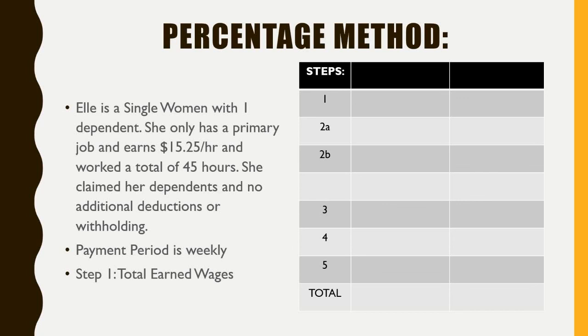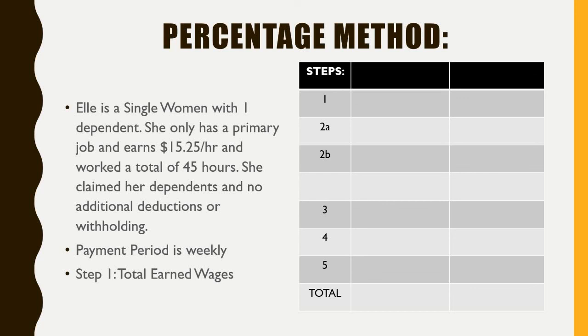She only has one primary job and earns $15.25 an hour. This week, she worked a total of 45 hours. And of course, she claimed her dependents, and she took no additional deductions or any extra withholdings.